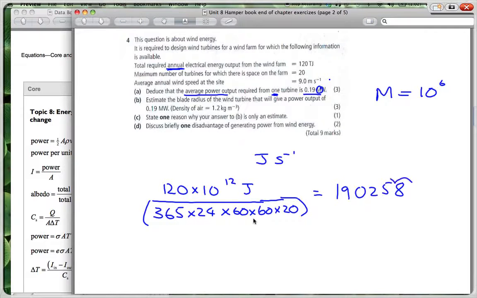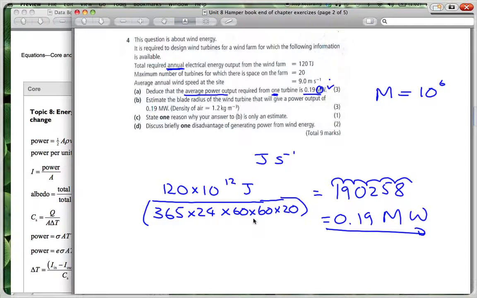If we look at this, 1 2 3 4 5 6, so 0.19 megawatts. Here we are dividing by a time value and a 20. 20 has no unit, but this is a time, so the answer will be joules per second, which is a watts value. So that seems to be correct.